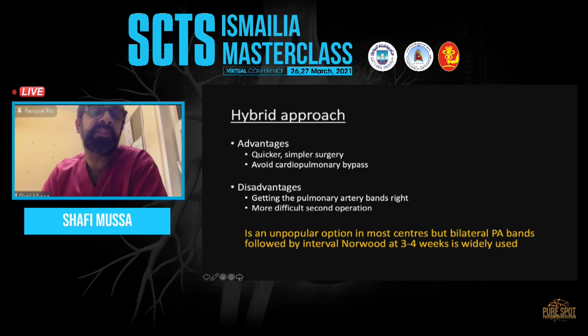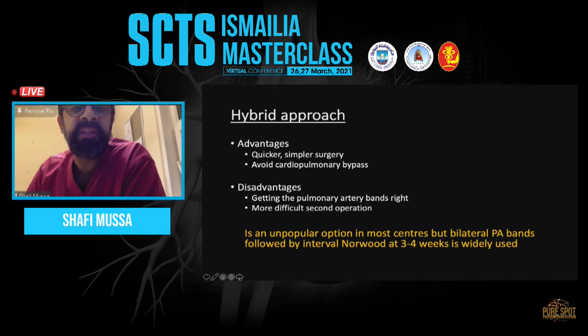Seemingly attractive, it is quicker, simpler surgery. It avoids cardiopulmonary bypass in a potentially sick neonate and avoids high-risk surgery. However, getting the pulmonary artery bands right and achieving a good result is difficult, and it also then makes the second operation, which is an arch reconstruction, cavopulmonary shunt, and Damus-Kaye-Stansel anastomosis to connect the right ventricle to the reconstructed arch, a much more difficult second operation.